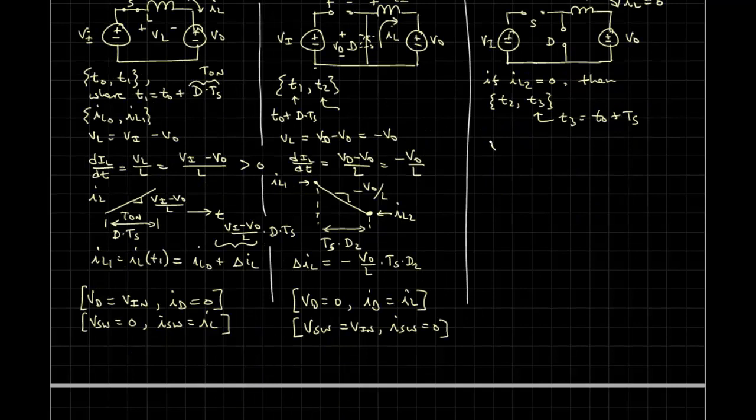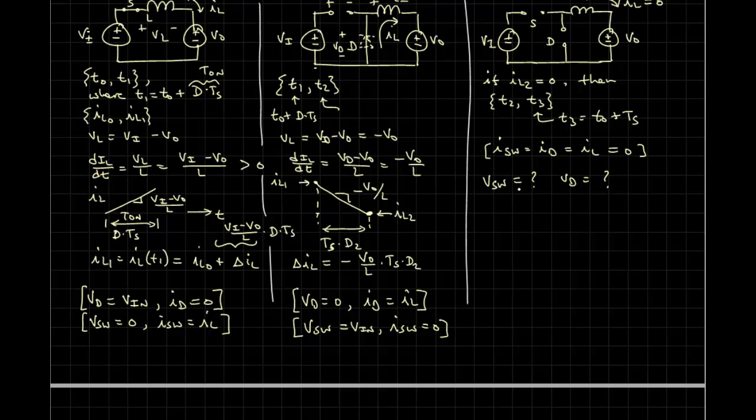And here we start out with I switch equals I diode equals IL equals 0. The question of what V switch is equal to, we're not sure, and VD, not sure.